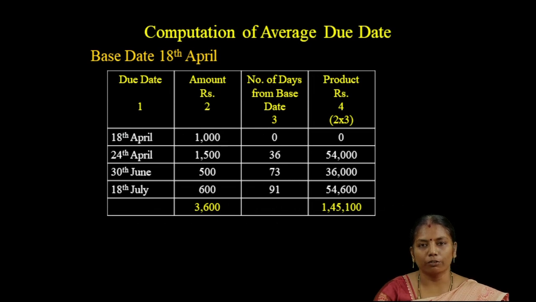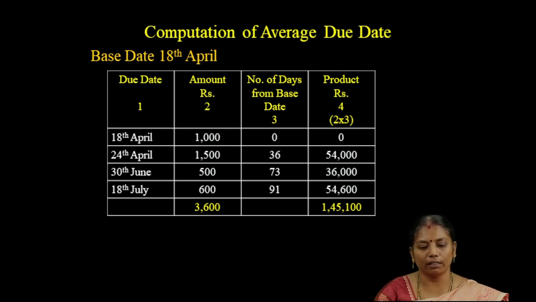Next, we have to provide 4 columns. In the first column, we write the due date. In the second column, the amount. Third column, number of days from base date. Fourth column is product.